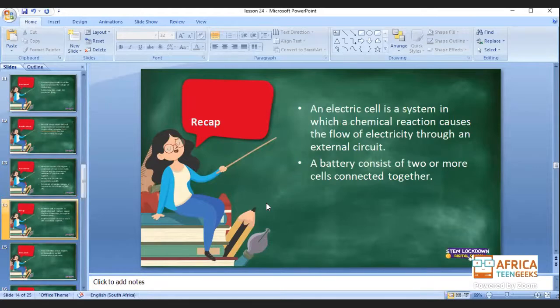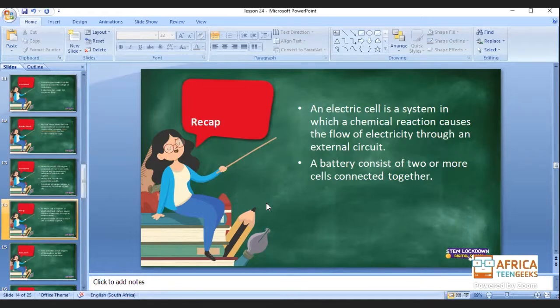We discussed that the chemical reaction continues to react until it gives us electrical energy, and once we get that, there will be current flowing through your conductors, going to your bulb or wherever it's needed.